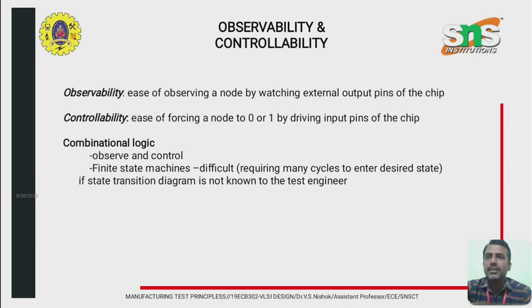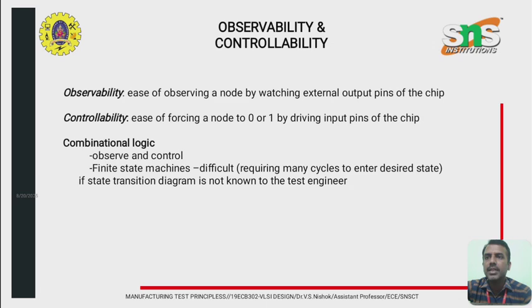And then coming to the topic observability and controllability. Observability is when we give the input and check each and every output for all input combinations. It is the ease of observing a node by the external output pins of the chip, observing all combinations of outputs.